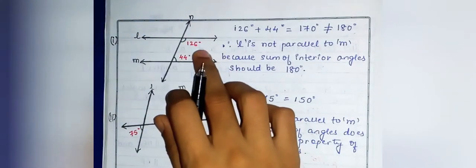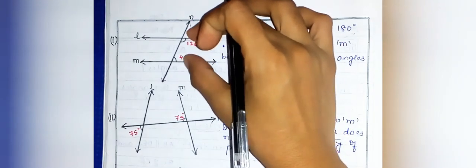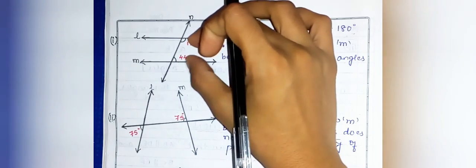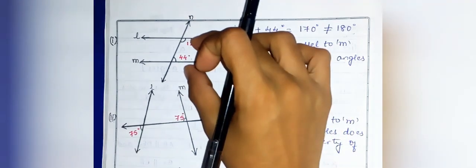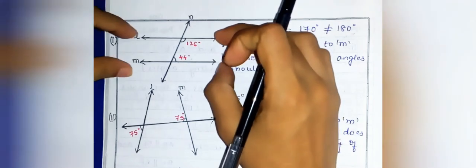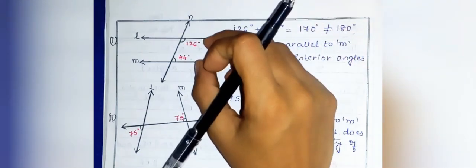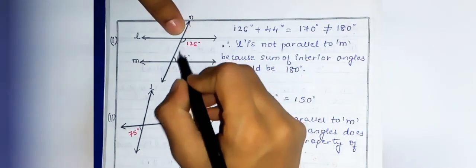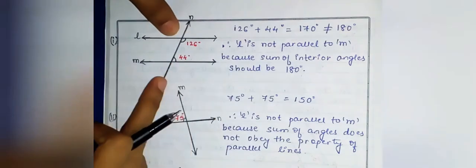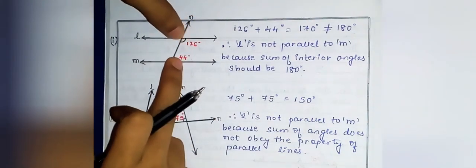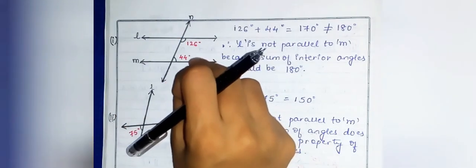Now there is one property that the angles which lie on the same side of the transversal are supplementary. Supplementary means उसका जो total है वो 180 आना चाहिए. So अगर ये lines parallel हैं तो इसका total 180 आएगा. अगर total 180 नहीं आया, means these both lines are not parallel, दोनों parallel नहीं है. So हमको क्या करना है? Property use करना है. So ये दोनों angle जो दिया है, they are interior angles, दो line के बीच में है मीन्स interior है, and they are lying on the same side. ये जो transversal है उसके same side पे है दोनों, ये भी right side पे और ये भी right side पे. Okay, so such angles are called interior angles.